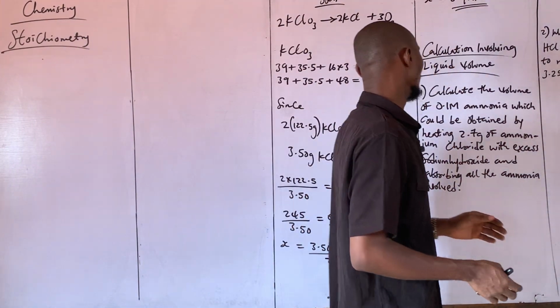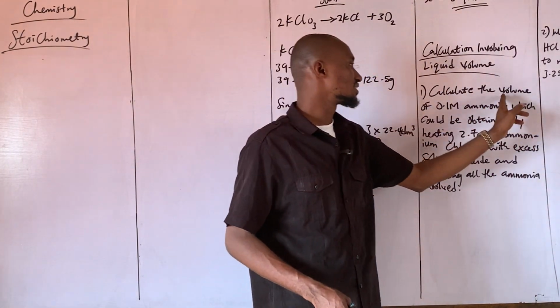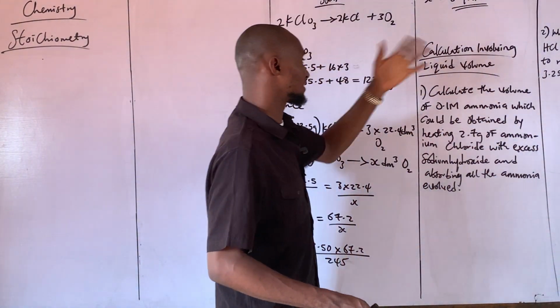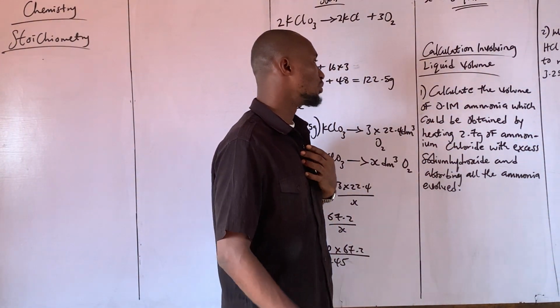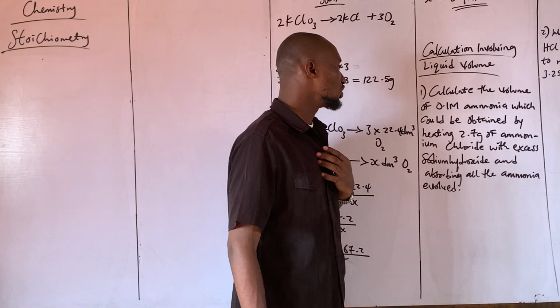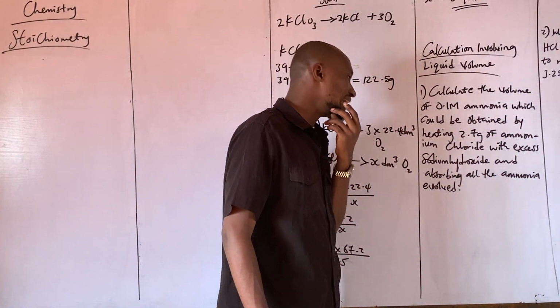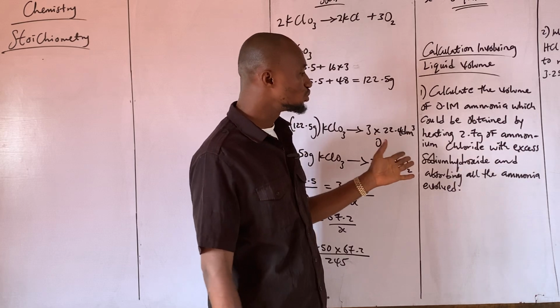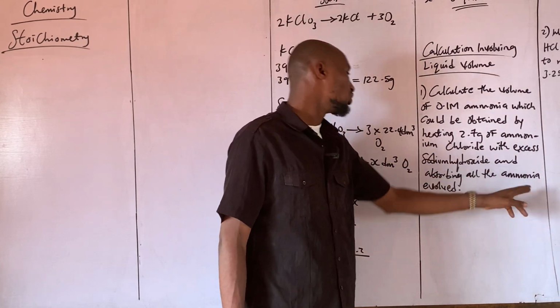Do you understand now? So look at the question. Let's first tackle this question. It says: calculate the volume of 0.1 mole ammonia, which could be obtained by heating 2.7 gram of ammonium chloride with excess sodium hydroxide and absorbing all the ammonia involved.